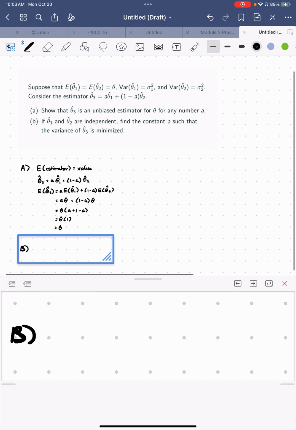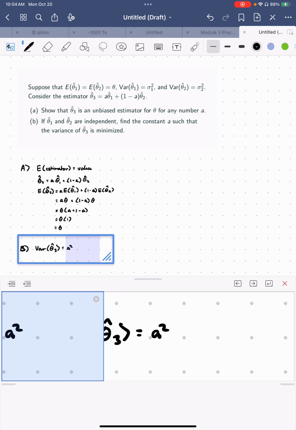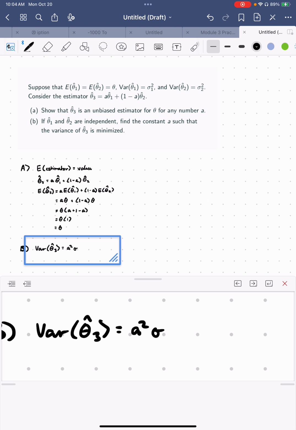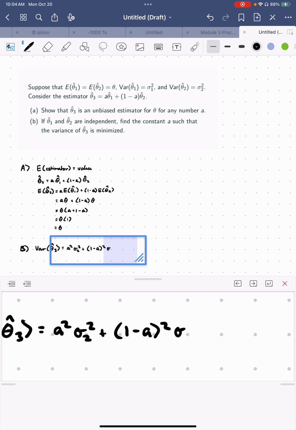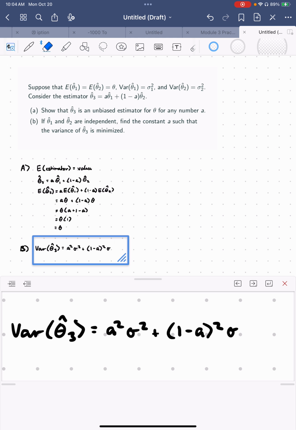So we can find the variance of theta hat 3, and that would be equal to A squared times, and then since we have our variances listed here, sigma 1 squared, plus our 1 minus A squared, and this should be sigma 2 squared.